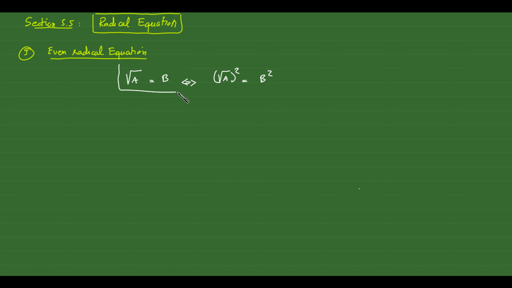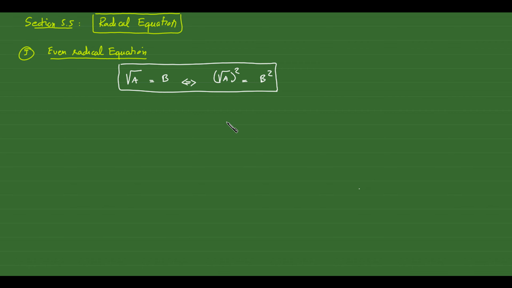So what does it mean by this formula? It means that if you have a radical of something equal to something, then when you square both sides, the equation you obtain after you square is equivalent to the original equation. That's what I mean.